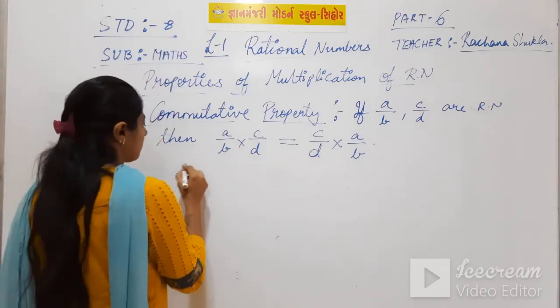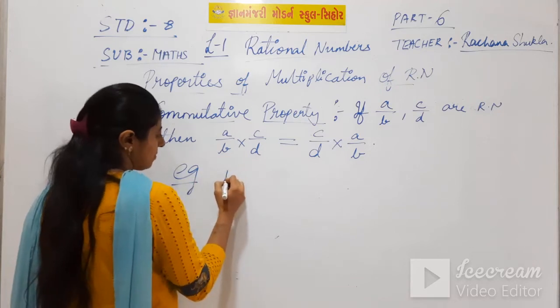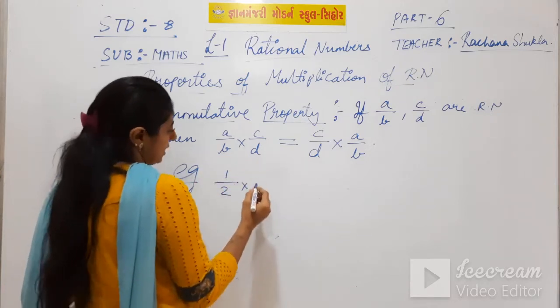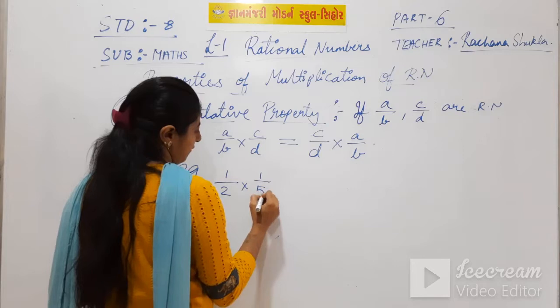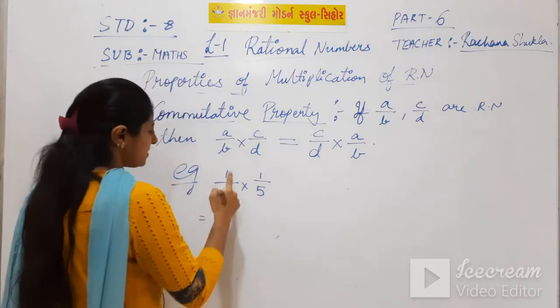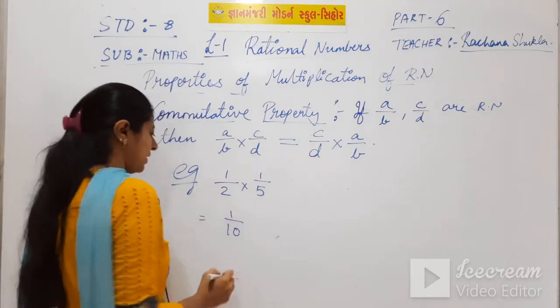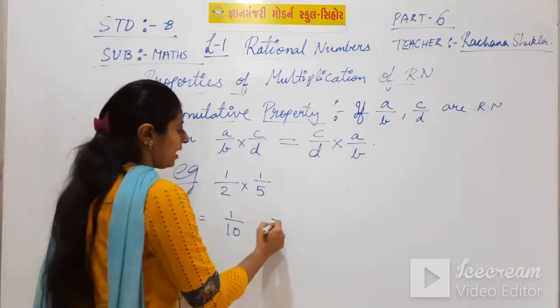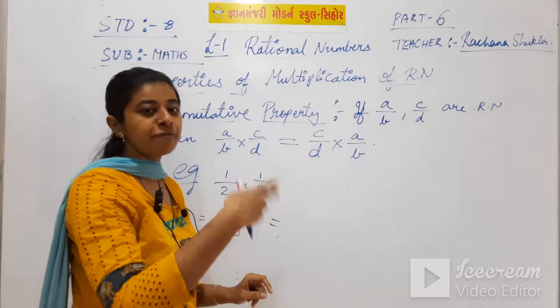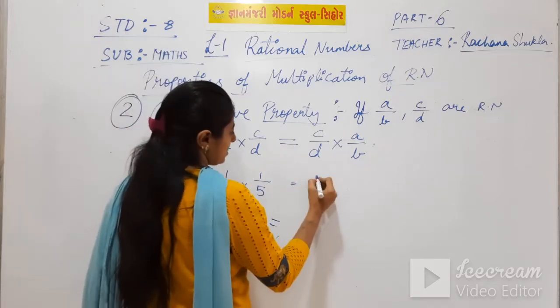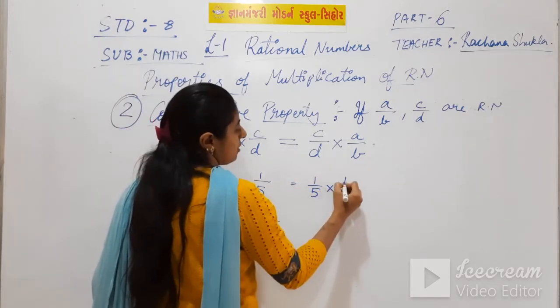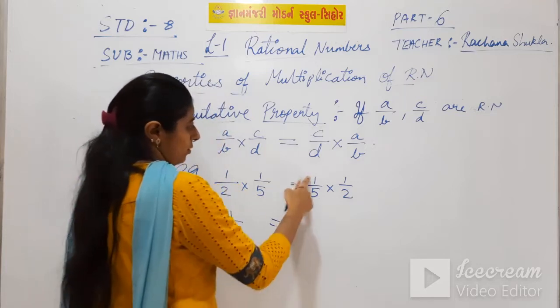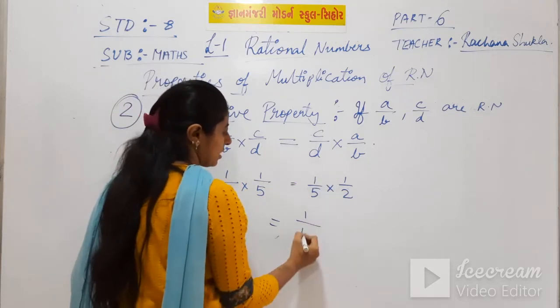Let's have an example for this. Suppose 1 upon 2 into 1 upon 5. Okay, so your answer will be 1 upon 10 because 1 ones are 1, 2 5s are 10. And if you reverse the order of multiplication, that is 1 upon 5 into 1 upon 2, then 1 ones are 1, 5 2s are 10.